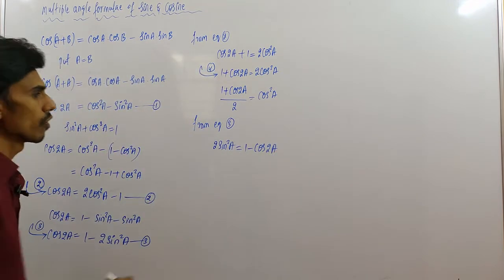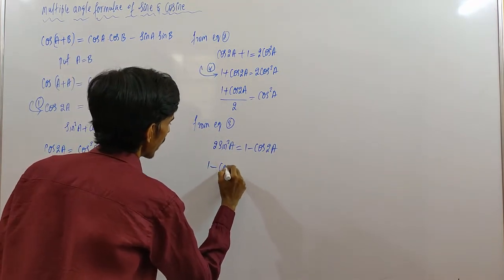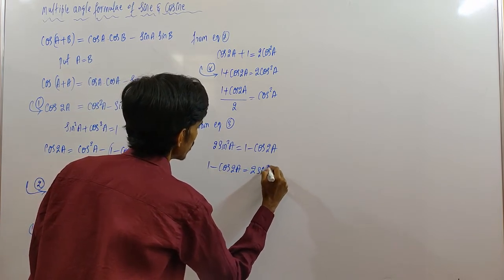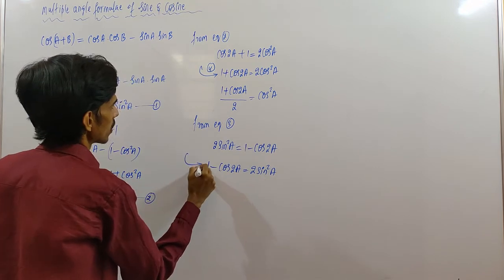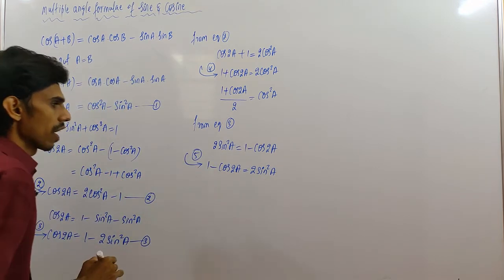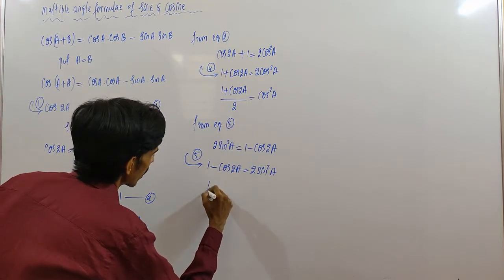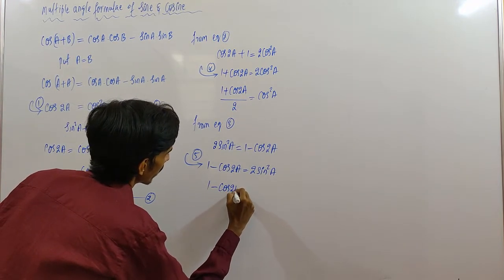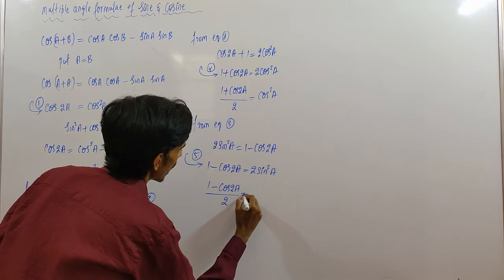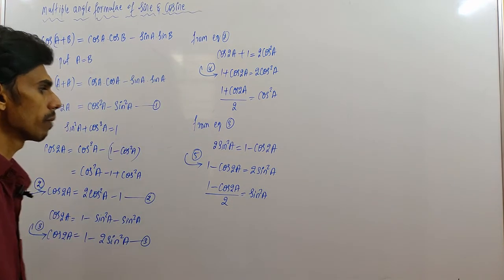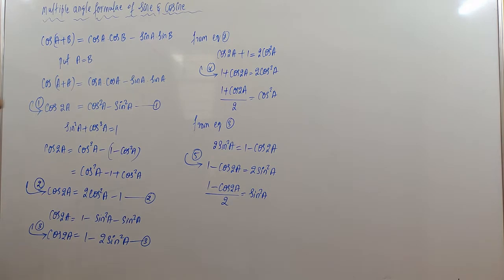So this is also one of the formulas, that is 1 minus cos 2A is equal to 2 sin square A. This is formula 5. From this, get sin square A value, that will be sin square A is equal to (1 minus cos 2A) by 2.